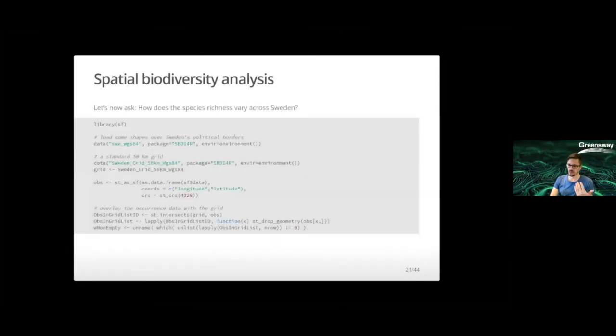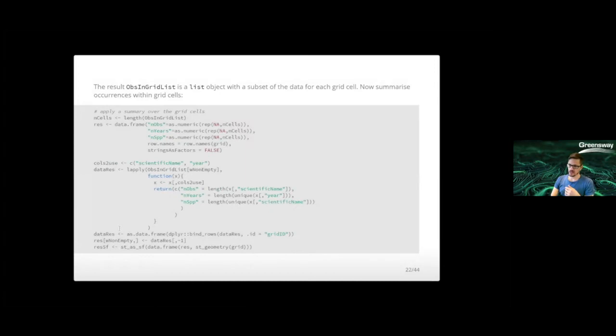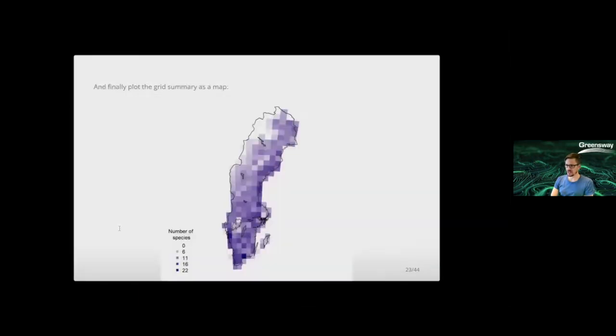That's why in the previous step, the last thing that we do is the which not empty, to make it more efficient, and only work with those elements in the grid set. And finally, you can plot over Sweden this grid set with a standard color gradient.